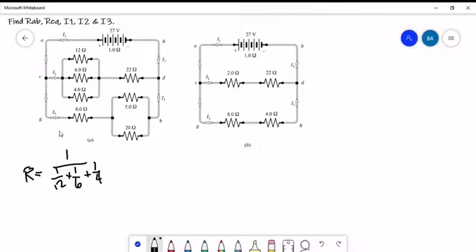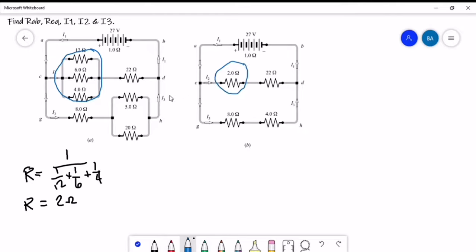It depends on you how you designate your total resistance for this kind of branch. Using your calculator, we have 1 divided by 1 over 12 plus 1 over 6 plus 1 over 4. This will be equal to 2 ohms. So the total equivalent for this circuit is 2 ohms, and we have it here.